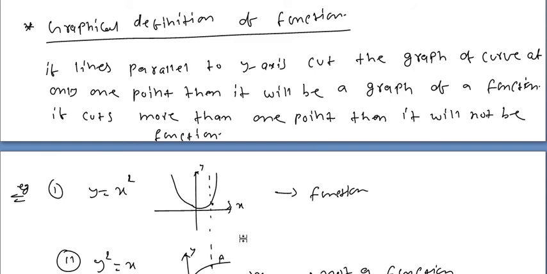If it is cutting at only one point, then it is a graph of a function. If it is cutting at more than one point, then it is not a graph of a function.